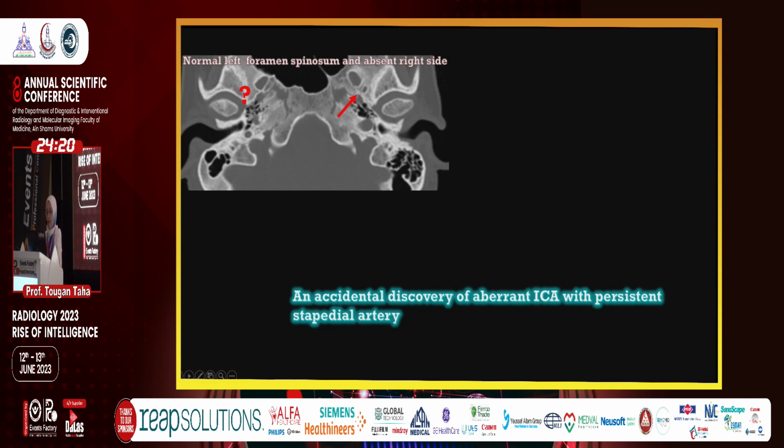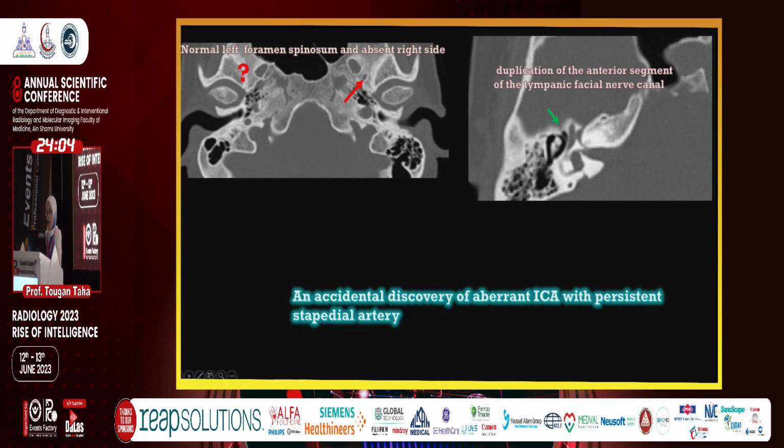It is an accidental discovery of aberrant internal carotid artery with persistent stapedial artery, and here is the rest of the images. Absent right-sided foramen spinosum compared to the contralateral normal side.